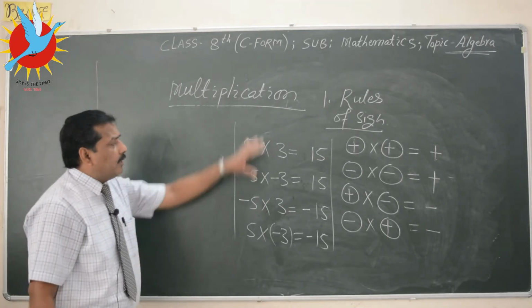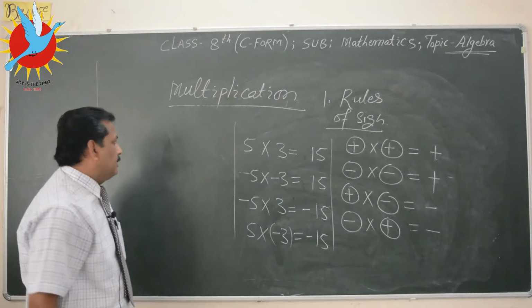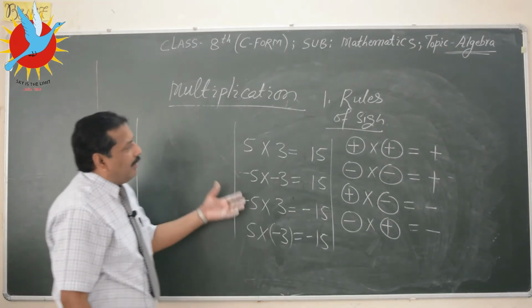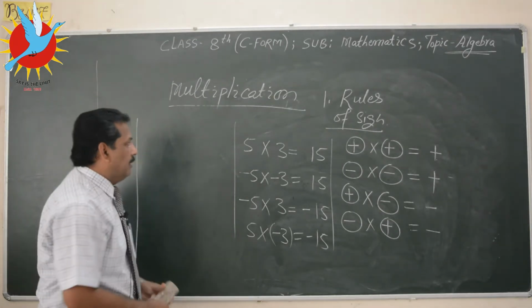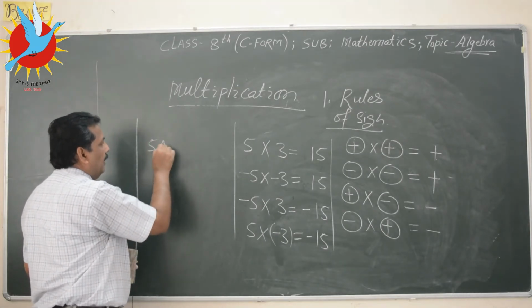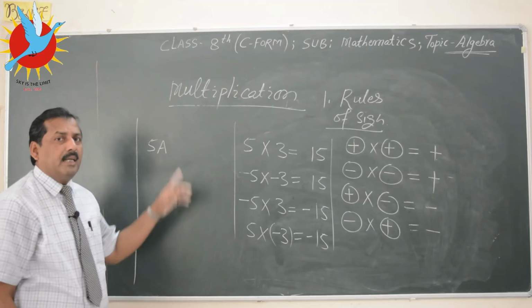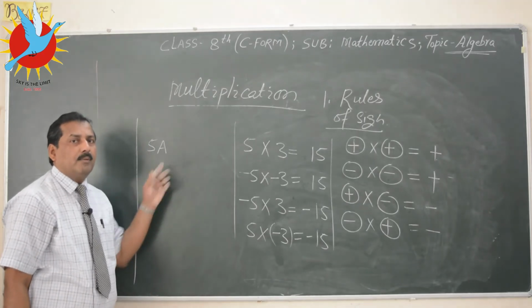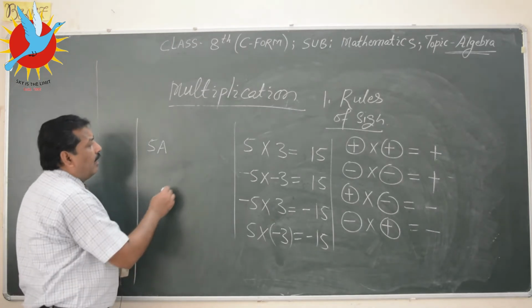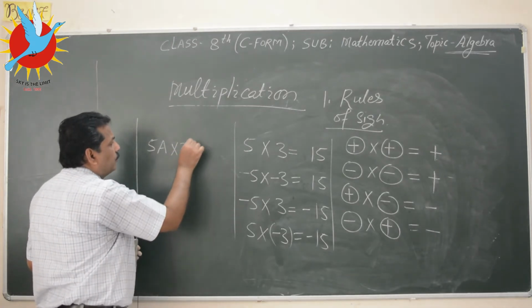So this is simple arithmetical multiplication. Let us switch over to algebra. Algebra also will be similar. In place of 5, let us say 5a. a is a variable. a may be anything, price of a pen, price of a book, or number of pencils, whatever. So 5a multiplied by 3a.